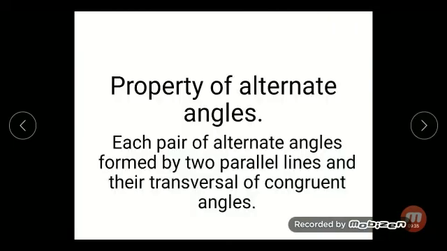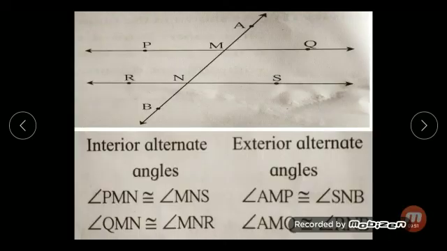Property of alternate angles. Each pair of alternate angles formed by two parallel lines and their transversal is congruent. Here in this diagram, angle PMN and angle MNS are interior alternate angles and they are congruent.